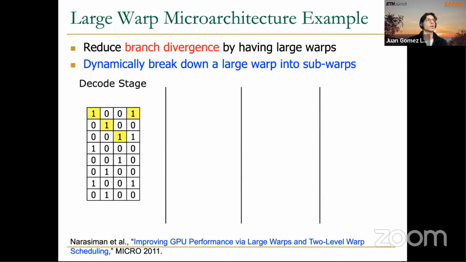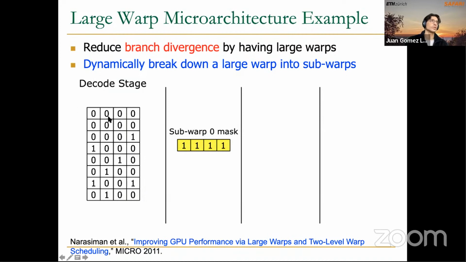So for example, imagine that here the warps are of size 4. So this is, let's say, the bit mask for warp 0, this is the bit mask for warp 1, this is the bit mask for warp 2, and so on. So this mechanism detects different non-overlapping threads, even though they belong to different warps, and creates, let's say, a sub-warp.